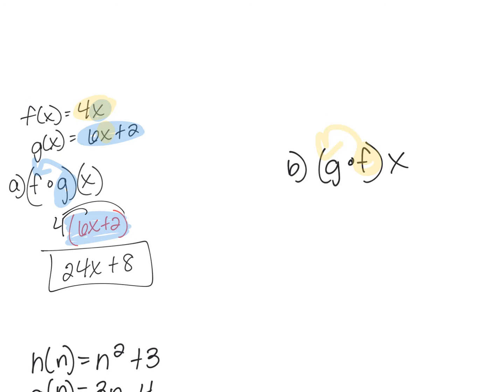So I have 6 times whatever the f of x function is. In this case, it's 4x. And then I have that plus 2. Okay, so that gives me 24x plus 12. And that's it.